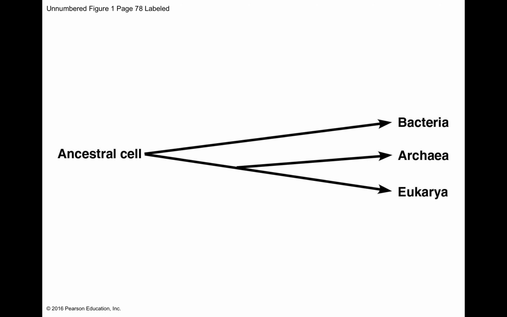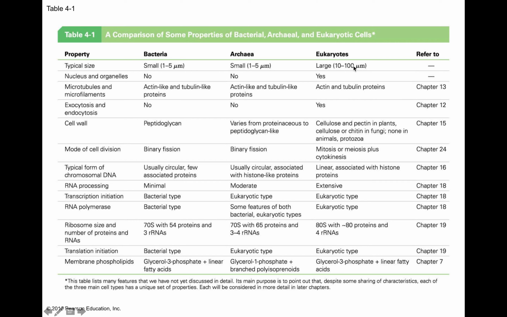So what are characteristics of these three domains of life? Both archaeans and bacteria are small, and eukaryotes tend to be bigger in terms of the typical size of a eukaryotic cell versus a typical size of an archaean cell. Bacteria and archaeans don't have a true nucleus, don't have any membrane-bound organelles, whereas eukaryotes do.